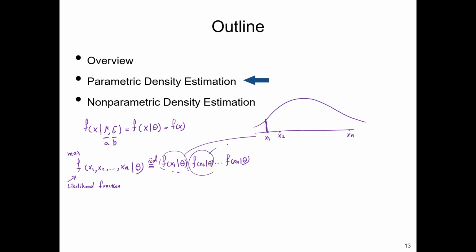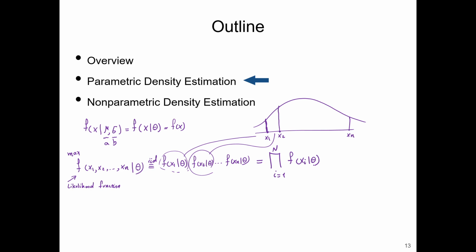What is f of x2? This one. And what do we do with all these terms? We multiply them together and we maximize it. If I want to write it in shortened form, this becomes the product for i from 1 to n of f of xi. This is our likelihood function, and we need to maximize it.